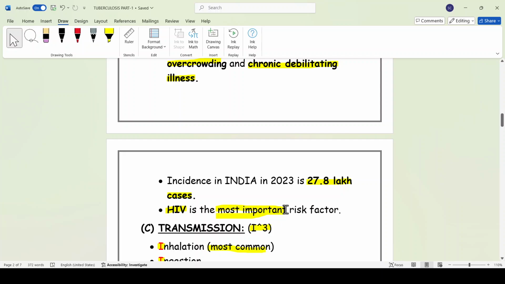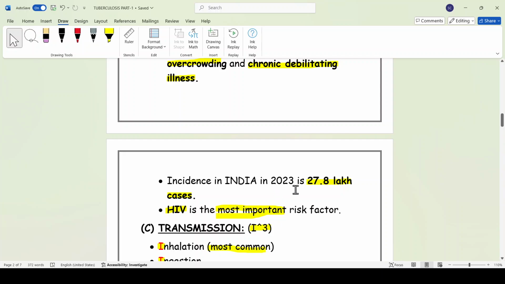As we know, when an individual gets infected by HIV, the human immunodeficiency virus, that person is severely immunocompromised. As a result, the risk of opportunistic infections increases. In addition, TB is the most common infection in HIV infected patients.